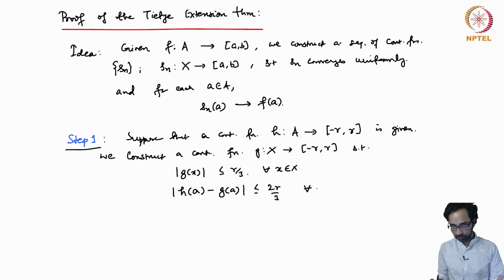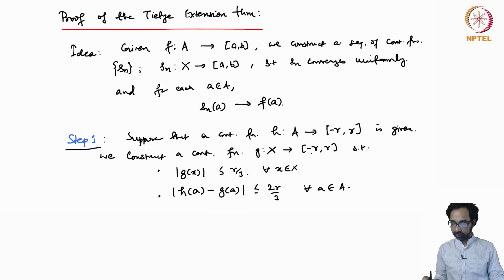So this is for all x and this is for all a in A. And we are going to take this construction. So then step 1 is just this particular construction, and then from step 2 onwards we will use a recursive definition. So let's see how to construct this continuous function such that it satisfies these two properties.